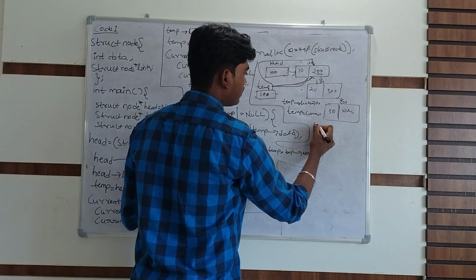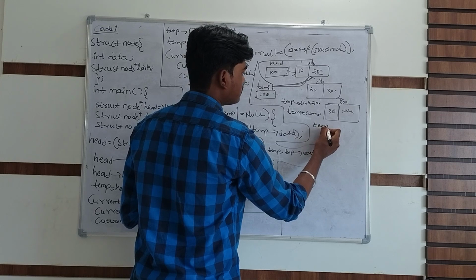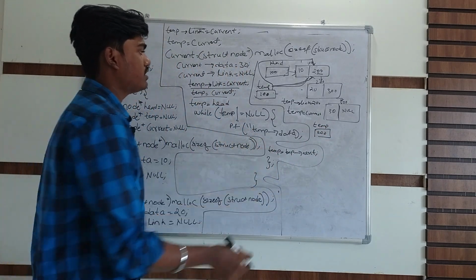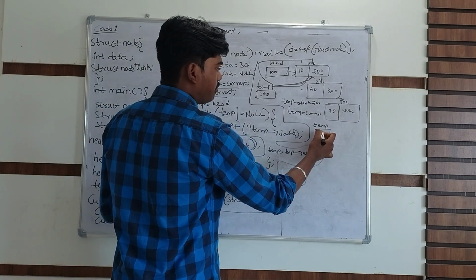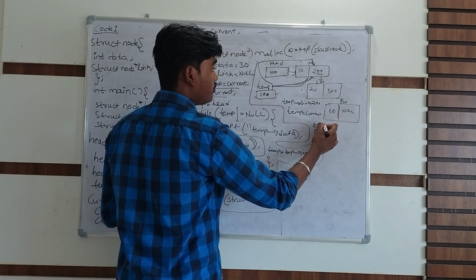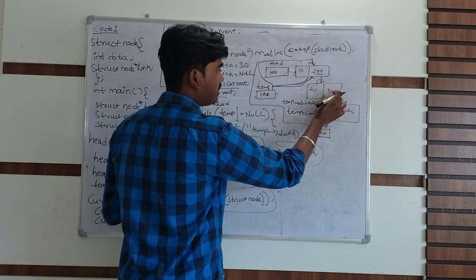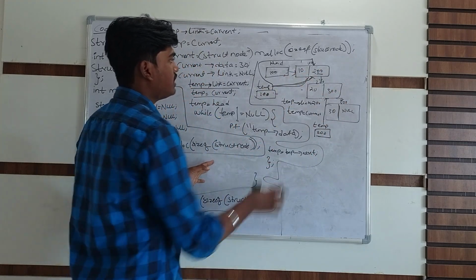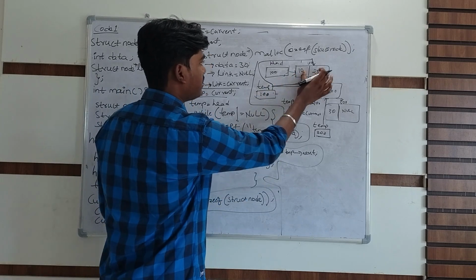Similarly, again, now temp was 200. The same thing applies for the third node also. Temp is 200, and temp link was 300. This is temp data, this is temp link.